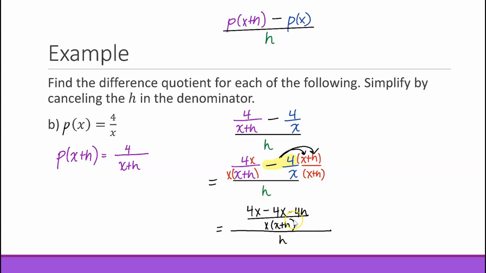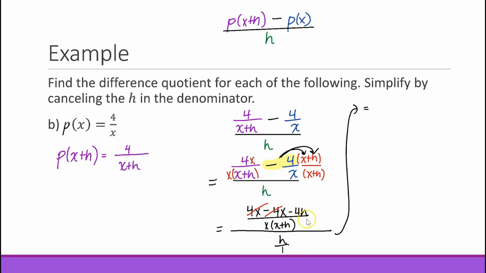And now let's see what happens. 4x minus 4x cancels out, becomes 0. So I have negative 4h over x times quantity x plus h all over h. So this h on the bottom is really h over 1. So I just want to be really thorough about the work that's happening here.